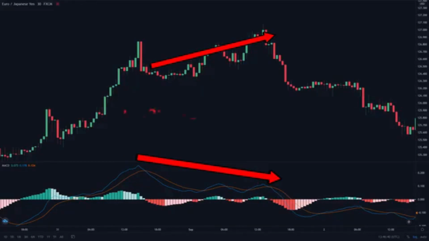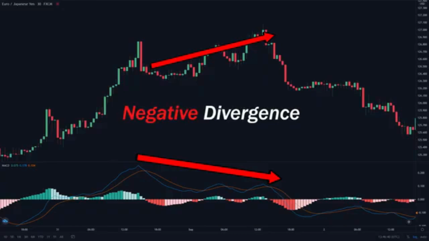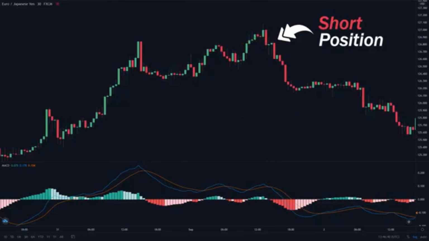That means this is a negative divergence. And a negative divergence means that you are looking to go short. You enter a short position here, at the top point where the divergence happened. In this specific situation, the trade ended very well. We almost timed the top perfectly. This is when the divergence is actually working properly.